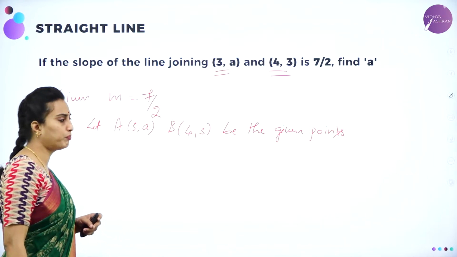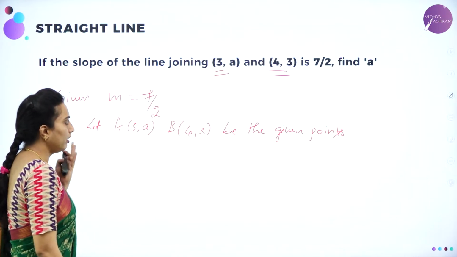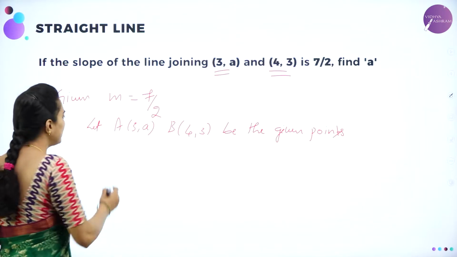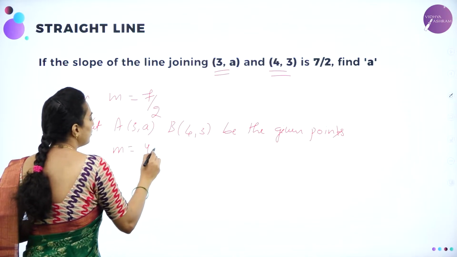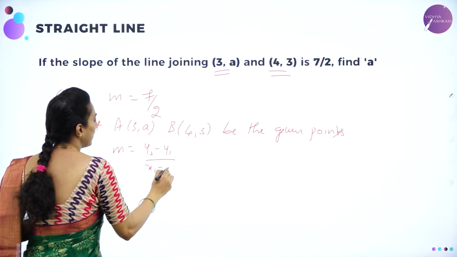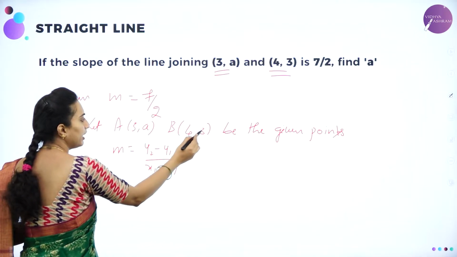I have given a name for the points, that is A and B, and then slope of AB, that is m is equal to, we know that y2 minus y1 divided by x2 minus x1. Consider this was x1, y1, x2, y2.